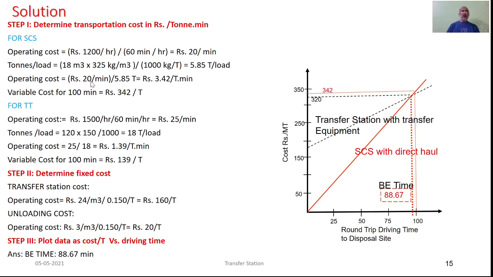This operating cost comes to be rupees 3.42 per ton per minute. For our convenience and to arrive at the solution, we have considered a certain random time of 100 minutes for which such variable cost is worked out as rupees 342 per ton.